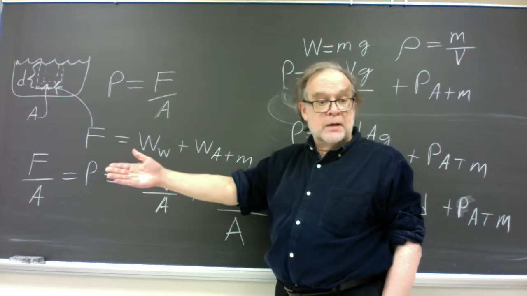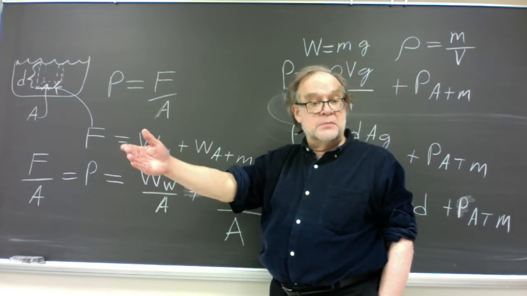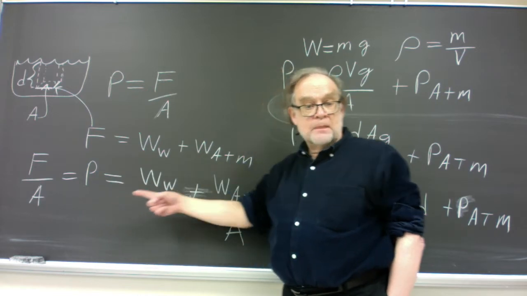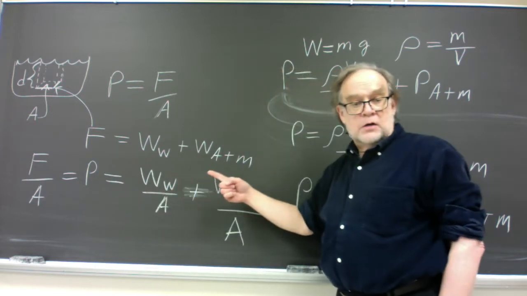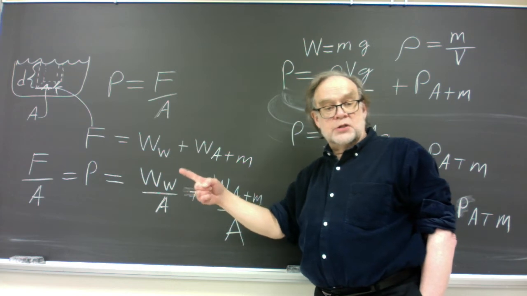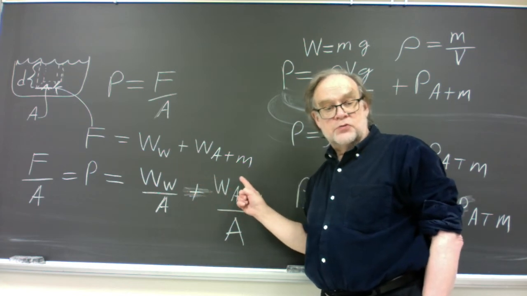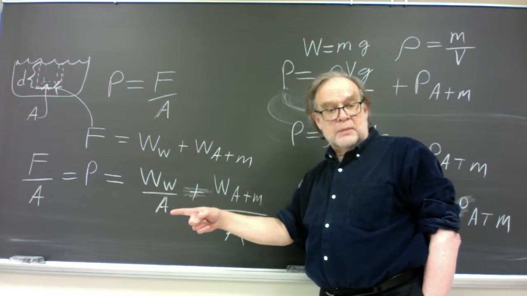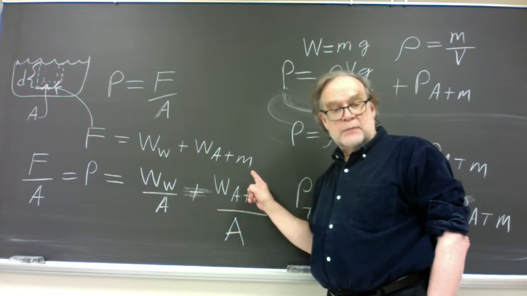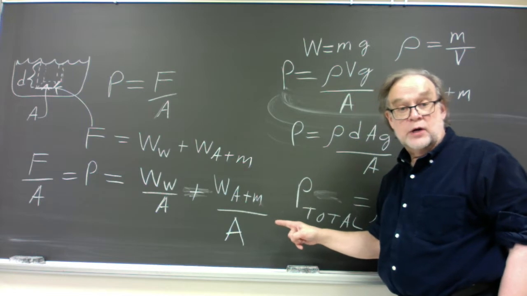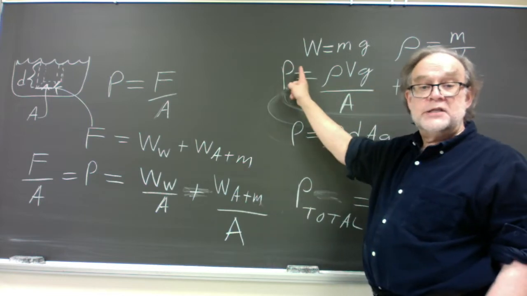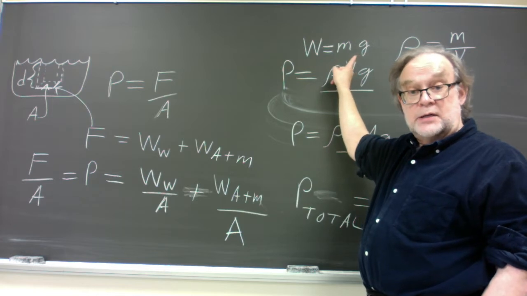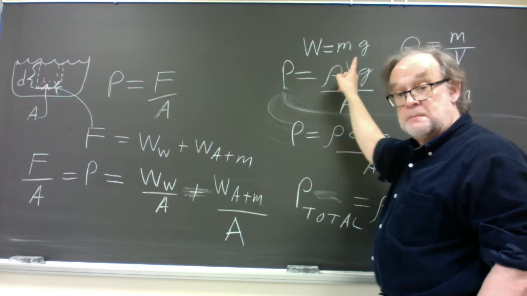Pressure on that little bit of surface is just that weight divided by the area. And since the total weight is the weight of water plus weight of the atmosphere, then the pressure is just weight of the water divided by area and weight of the atmosphere divided by area. Remember, weight is mass times g, mass times 9.8, the acceleration due to gravity.